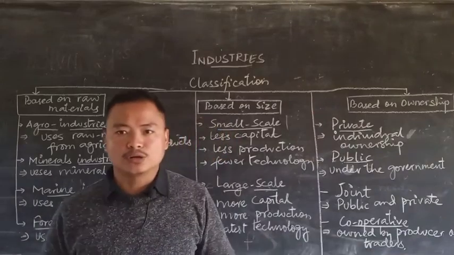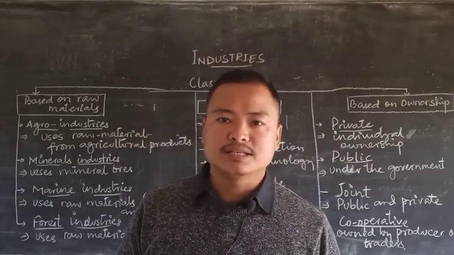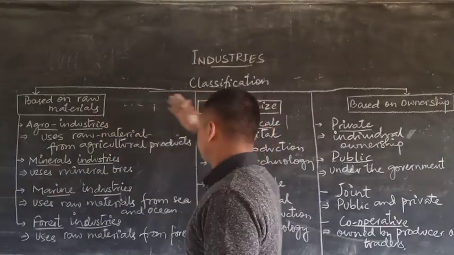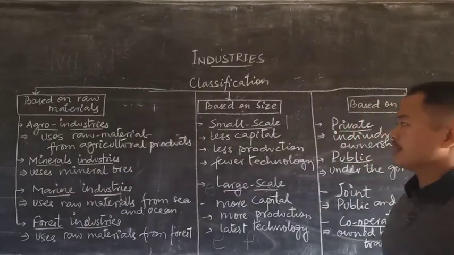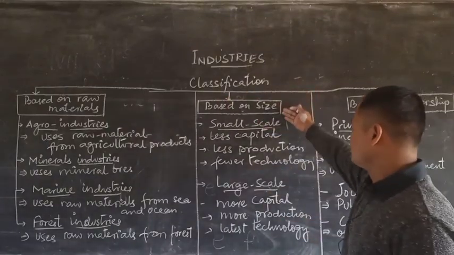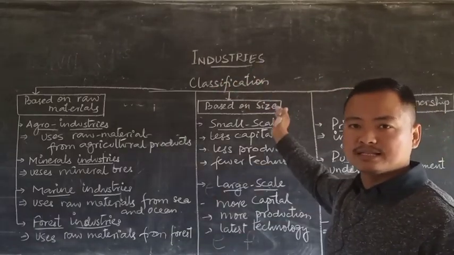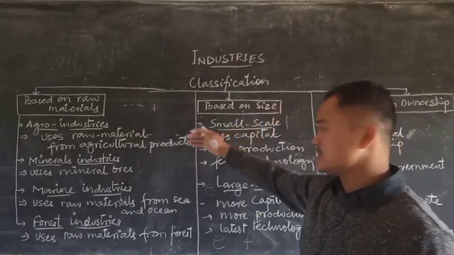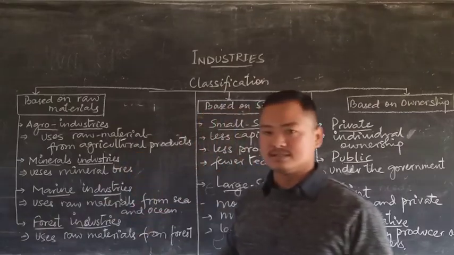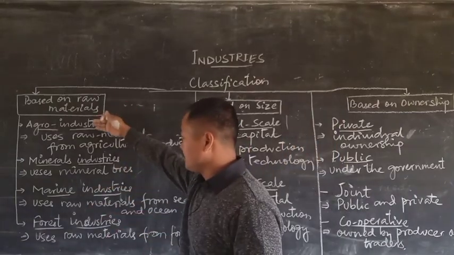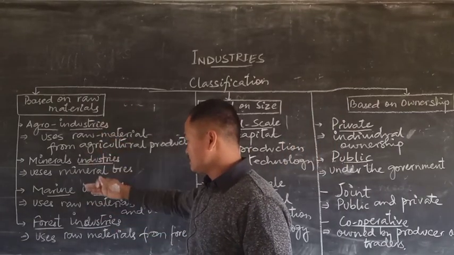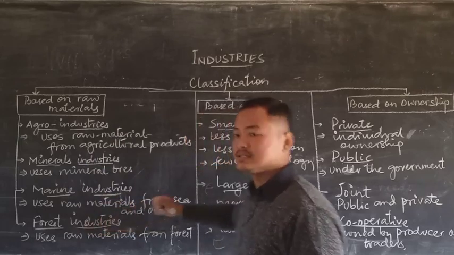So once again, to conclude, the industries, as we discussed, have three broad classifications: based on raw materials, based on size and based on ownership. Each of these broadly classified industries is further subdivided into subtypes. In raw materials, you find agro industries, mineral industries, marine industries and forest industries.